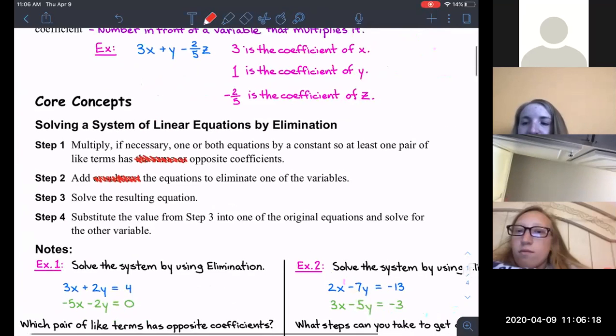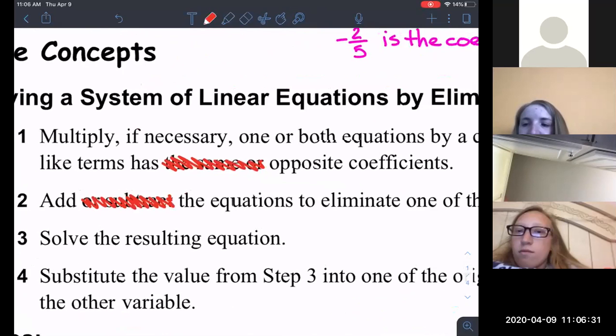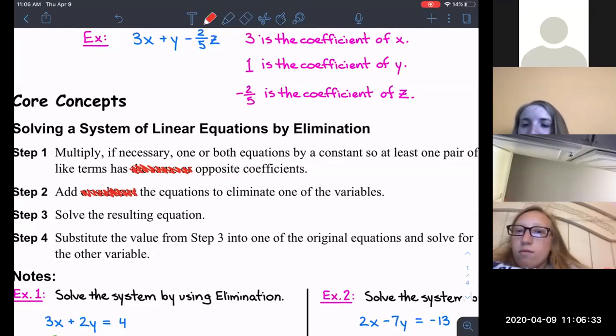But one thing I want to point out in the notes is what I crossed out. The book says one pair of like terms has the same or opposite coefficients. That's what I crossed out here. We just want to focus on opposite coefficients because we're always going to add the equations together. The book says you can either add or subtract the equations.